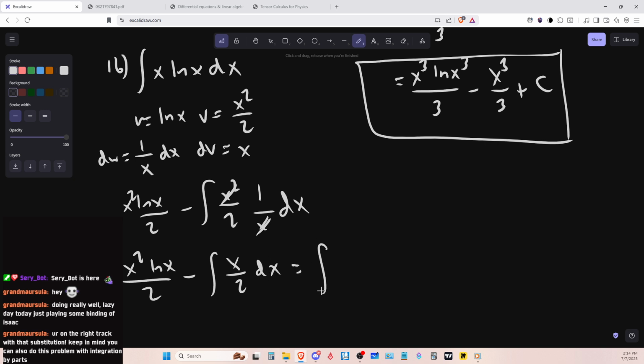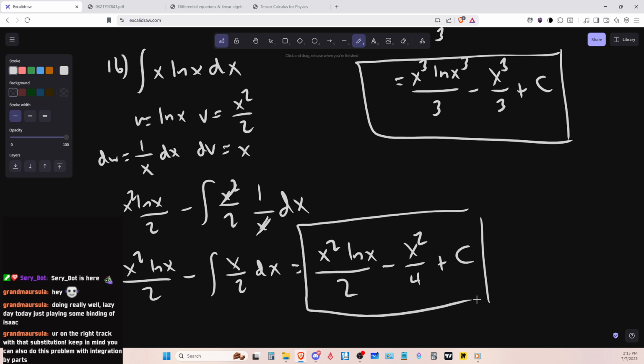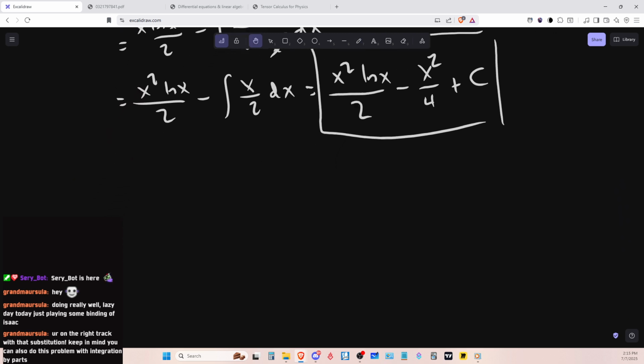And, oops. Natural log. So that would be x squared over 4 plus c. Cool. I like it when it all works out.